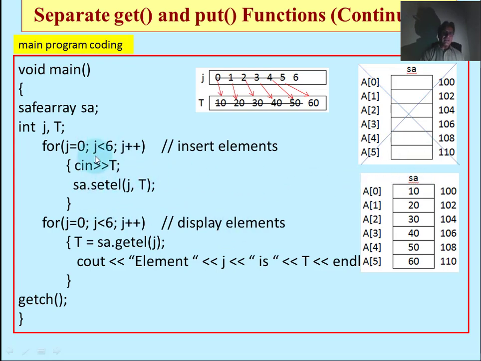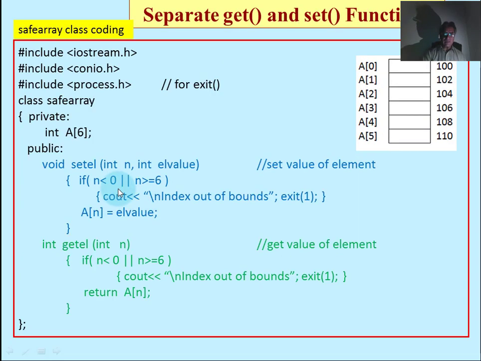And then next j will increment, j will become 1, and we will get another value of t, and it will be 20. And at 1 location, computer wants to store the value of t, 20. So set element will be called. This blue function will be again called, and 1 will be checked. 1 is within the bound or not, and then the t contains 20, which will pass to el value, this function.